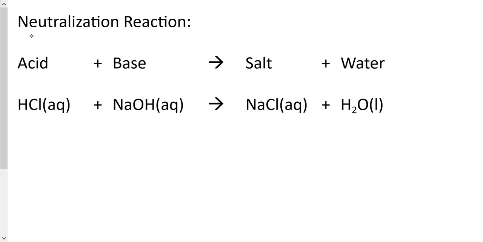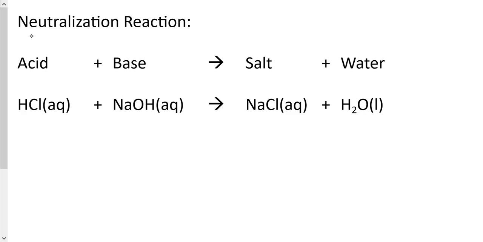Net ionic equations. Before we understand net ionic equation, we have to understand neutralization reaction first. If you focus on the word neutralization, it sounds like neutral. So in an acid and base reaction, we're producing salt and water.